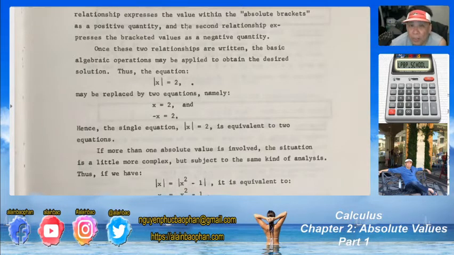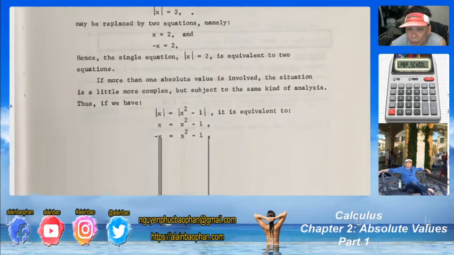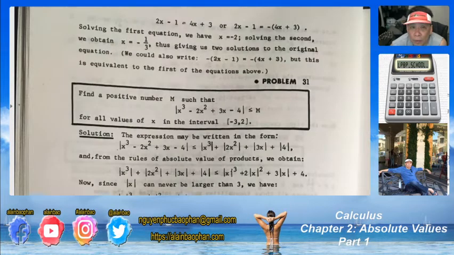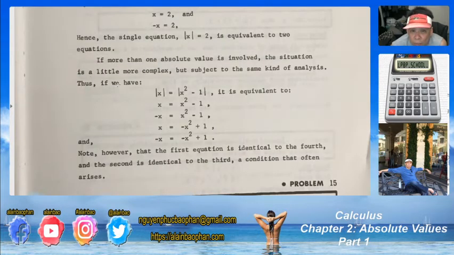Okay, so let's say we have absolute x equal absolute x squared minus 1. Now we need to break it down. So anytime you see absolute value in any inequality or equation, you have to break it down. You have to get rid of absolute value.